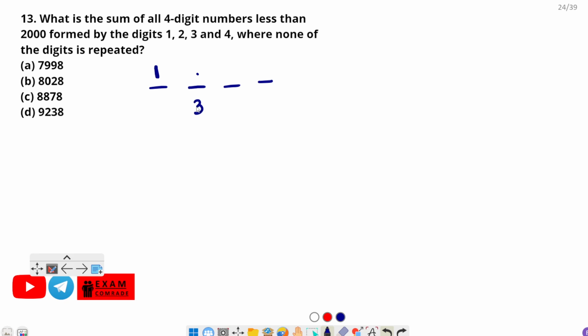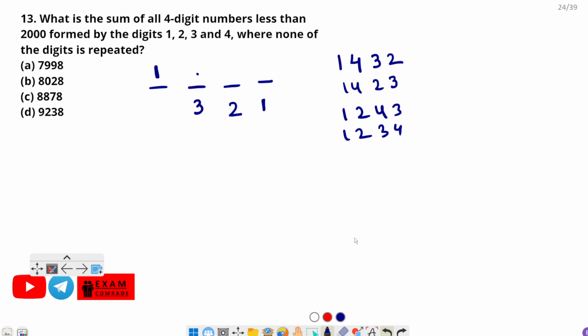We have taken 1 digit already, so we have 2 options for the next and 1 option for the last. So the numbers we'll get are 1432, 1423, similarly 1243, 1234. You can calculate like this also, but it will be a very lengthy problem.